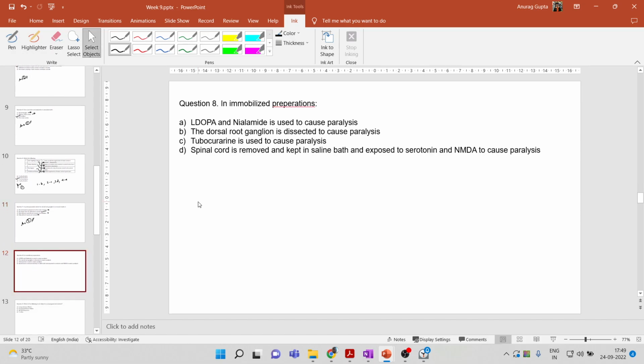In immobilized preparations, L-dopa and nialamide is used to cause paralysis. The dorsal root ganglion is dissected to cause paralysis. Tubocurarine is used to cause paralysis. A spinal cord is removed and kept in saline bath and exposed to serotonin and NMDA to cause paralysis.